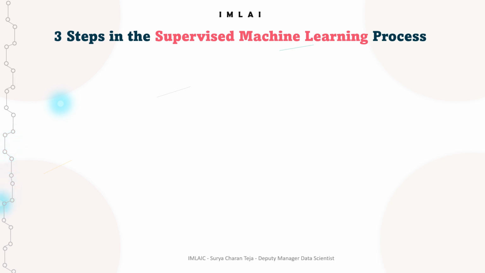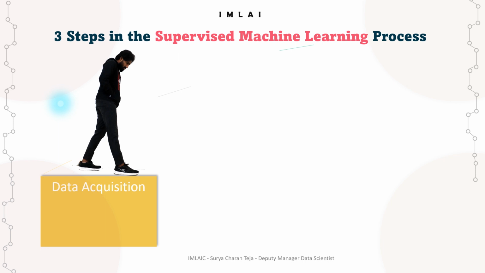So let's put the supervised machine learning process into three steps, just three steps. First we will understand the supervised machine learning process in three steps, then we will get into the details of it. The first step under supervised machine learning is data acquisition.